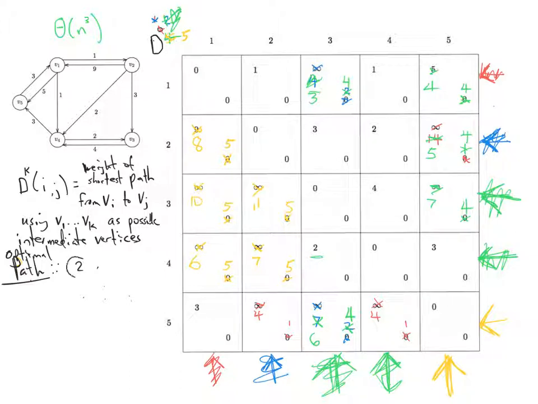So we look at the chart and we just do it recursively. So this cell says the way to get from 2 to 5 is you go through vertex 4. So that tells us in the first step that we know we want to go to vertex 4.